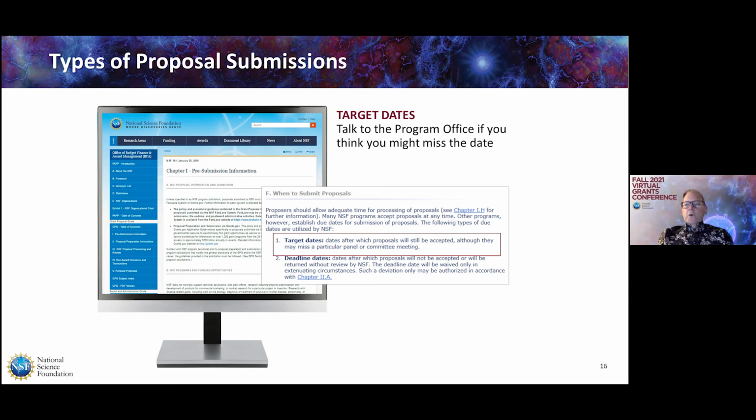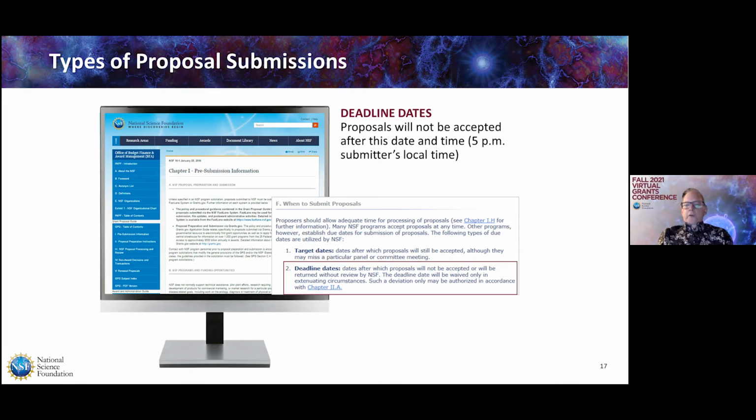But if you are beyond the target date too far, you may not make the panel date for that particular competition, and it may be held for a later review process. A deadline date is a hard and fast date that I want to emphasize.